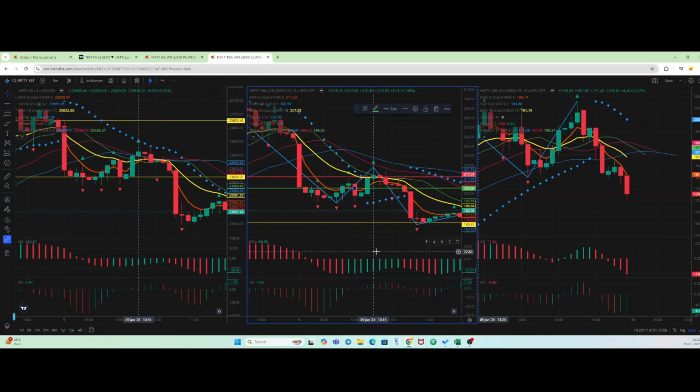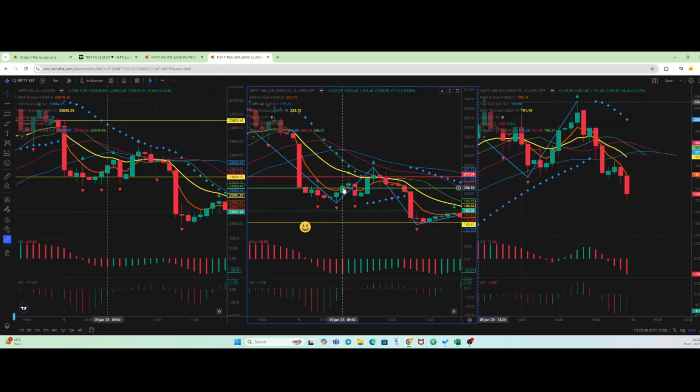After entering, the signal is given here. Here we are getting the proper signal. Here also we are getting the proper signal on both. Here we got the signal. So now we got the entry around 205.